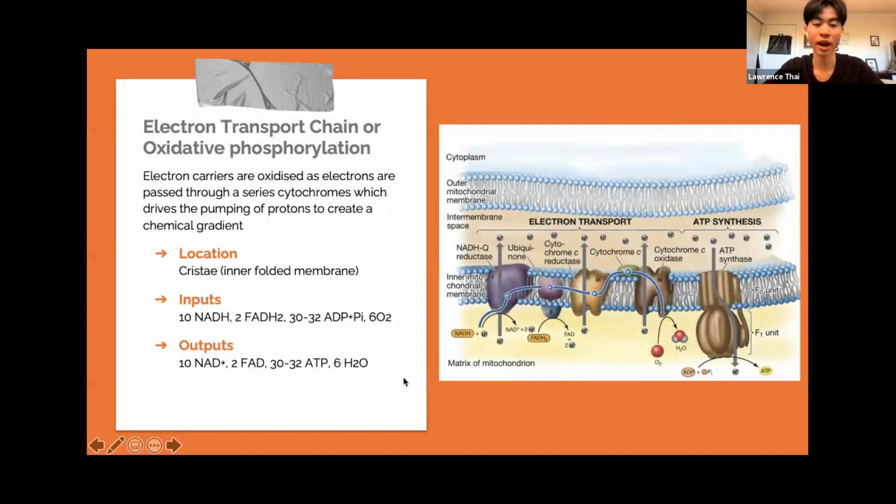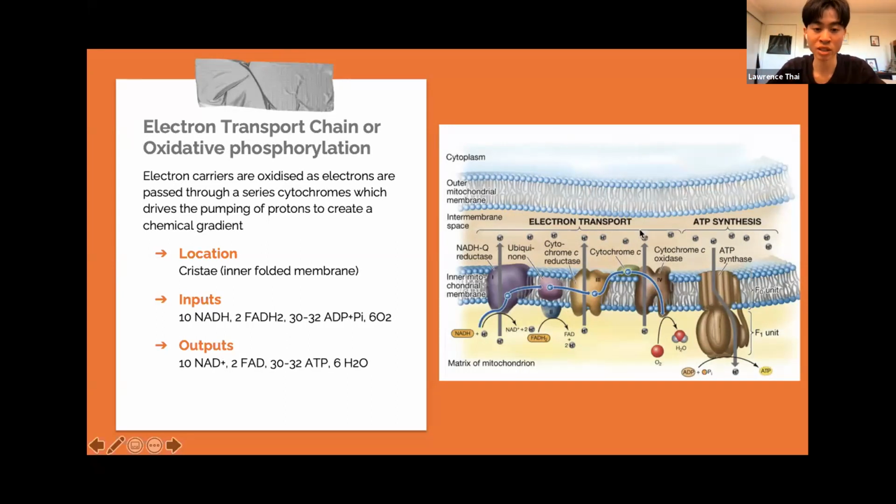Okay, and then this is the last step, which is the electron transport chain. Just note that this is occurring in the cristae, which is the inner membrane that's really folded. This is where the surface area comes into play, so that we can fit all of these different protein complexes into that inner membrane.